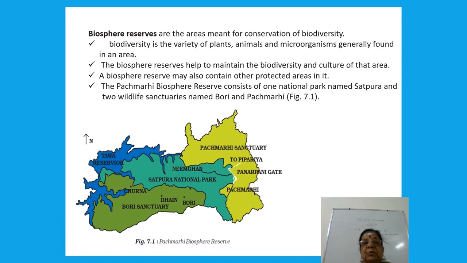It helps to maintain biodiversity and culture of that area, and it may also contain other protected areas in it. The Pachmarhi Biosphere Reserve consists of 1 national park named Satpura and 2 wildlife sanctuaries named Bori and Pachmarhi.